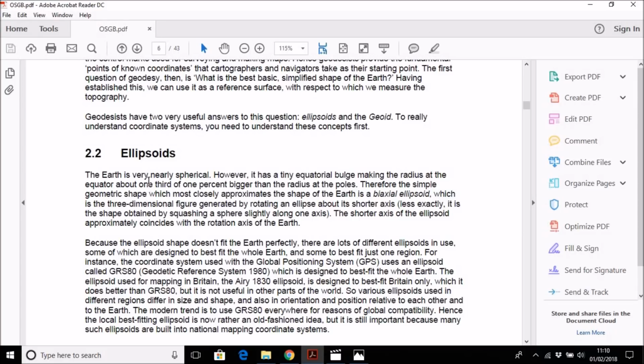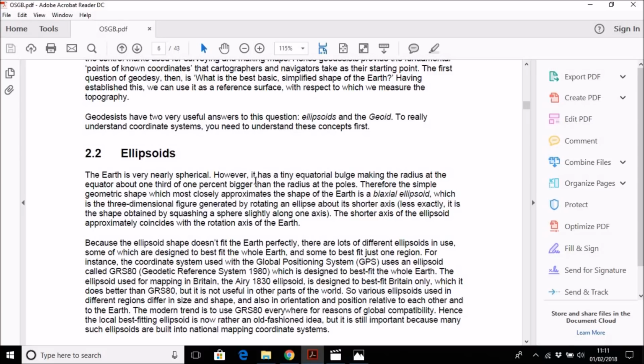And at this point, the debate over whether the Earth is flat or not should be over. Every measurement made leads people who have looked at those measurements to this conclusion that the Earth is very nearly spherical. However, it has a tiny bulge, equatorial bulge, making the radius at the equator about 1/3 of 1% bigger than the radius at the poles.